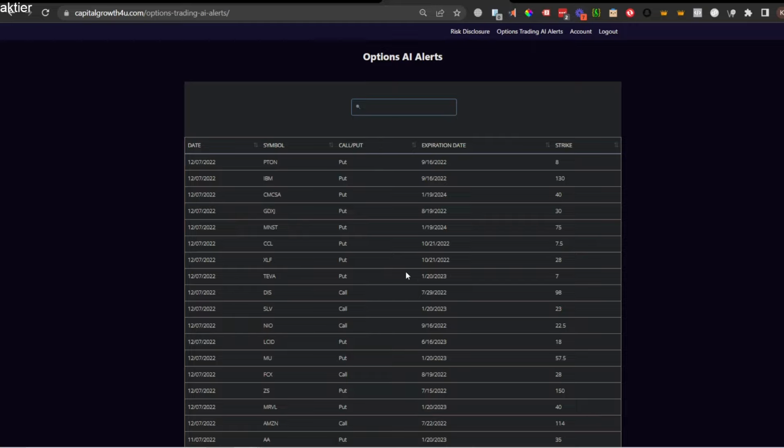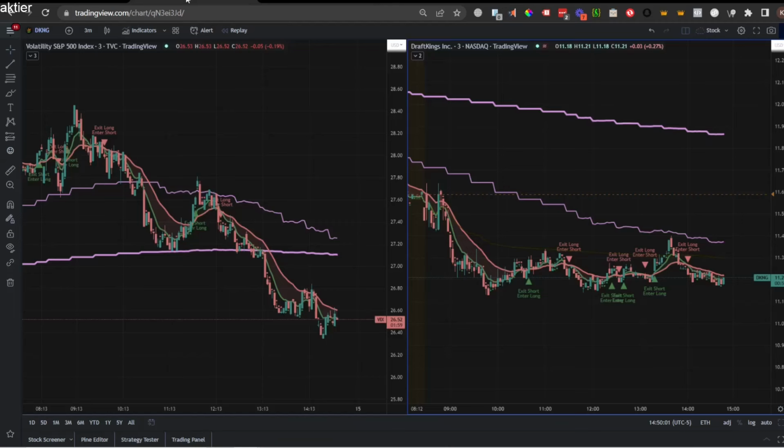Once you have figured that out, my suggestion, which I do, is that when you have an indication that the market is going up, then you sell a put option, a put credit spread.